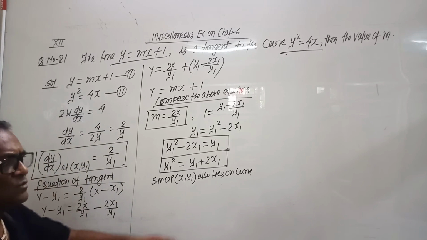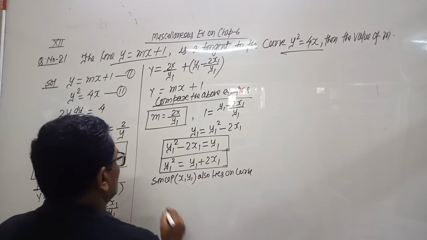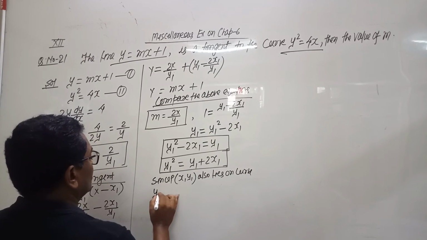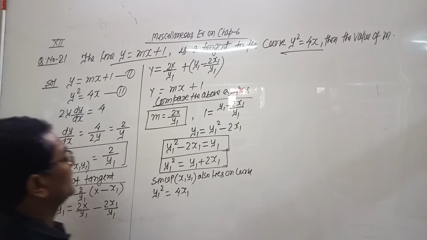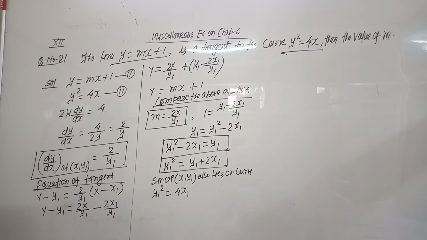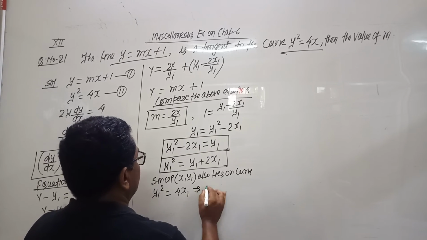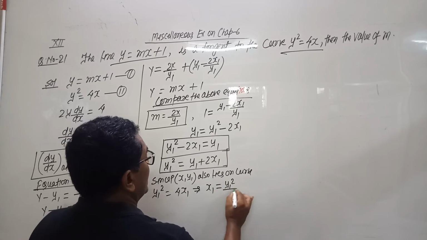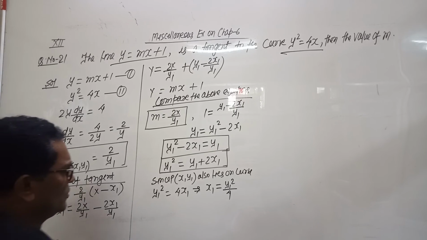So we put the value (x1, y1) in the curve. So we get y1 square equals 4x1. The value of y1 square equals 4 times x1, and x1 comes to be y1 square upon 4.